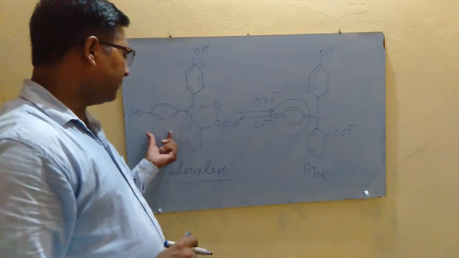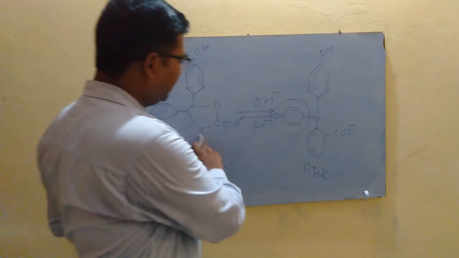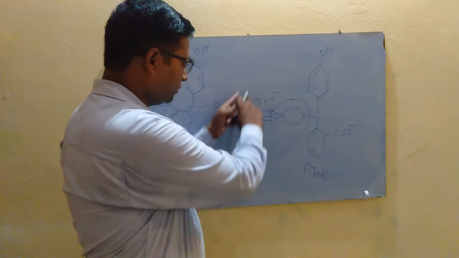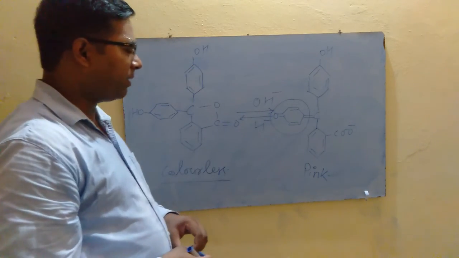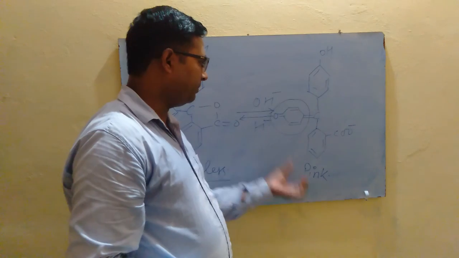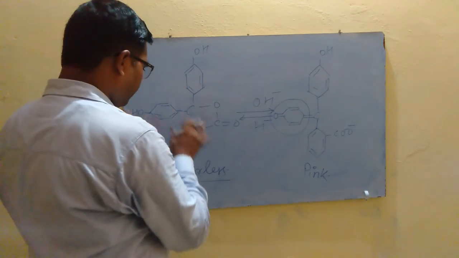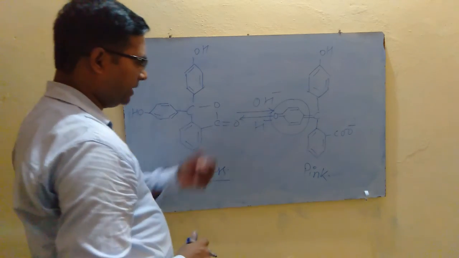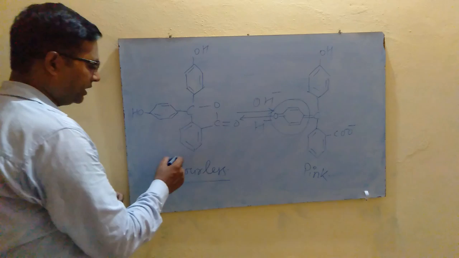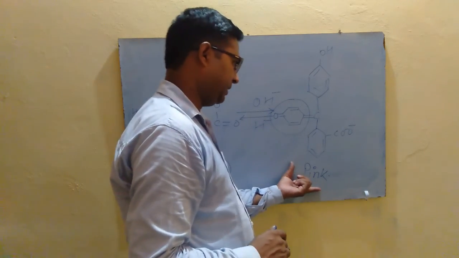So the conversion of benzenoid form and quinonoid form of phenolphthalein indicator depends upon the pH of the solution, means the concentration of H ion and OH ion in the solution. One form, that is quinonoid form, exists in basic pH, and benzenoid form of the indicator exists in acidic pH, and therefore the color of indicator is colorless in acidic medium and it is pink in basic medium.